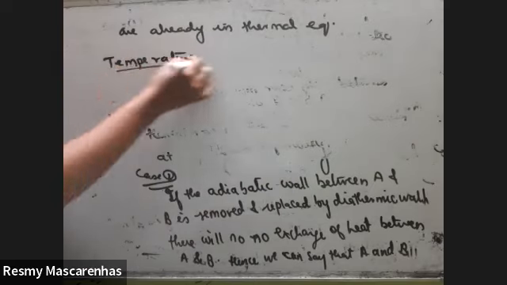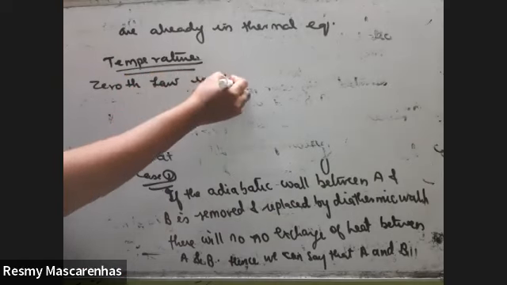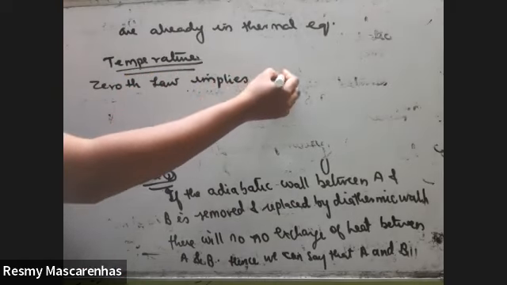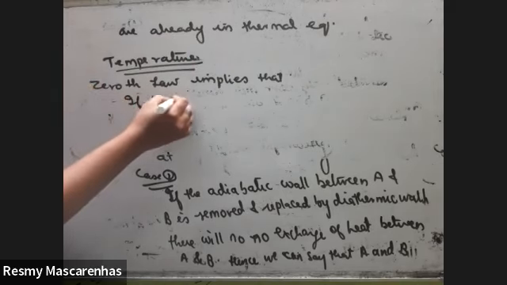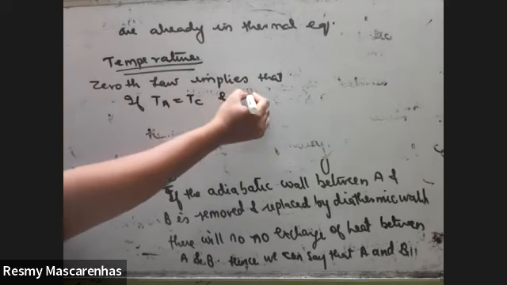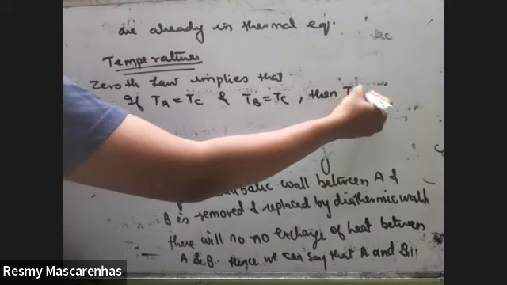Now what happens for the zeroth law? The zeroth law implies that if TA equals TC and TB equals TC, then TA will be equal to TB.